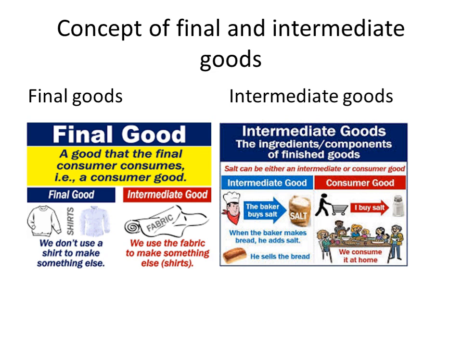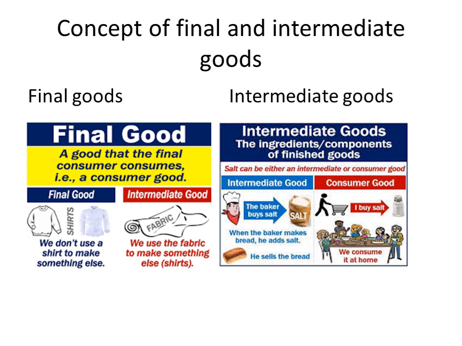Similarly, the fabric which is used to make shirts is an intermediate good. If that fabric is purchased by the tailor, the fabric becomes the intermediate good and the shirt becomes the final good, when it is purchased by a person who consumes it.